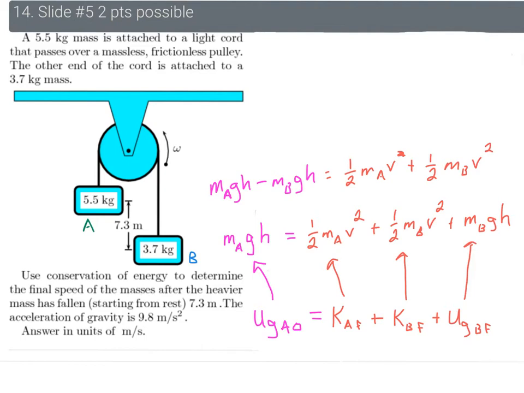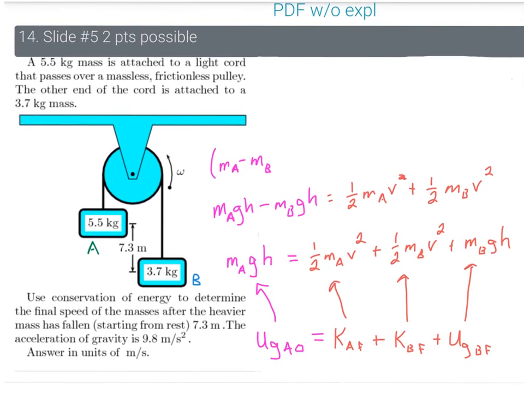Okay, let's simplify. I can pull like terms out, and that'll make it just a little bit cleaner. Over here, I'm going to do parentheses, and I'm going to pull out the G and the H. So this is going to become the mass of A minus the mass of B, times GH. And we'll do the same thing on the right side.